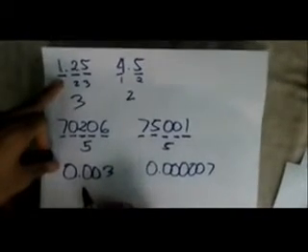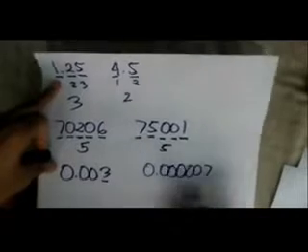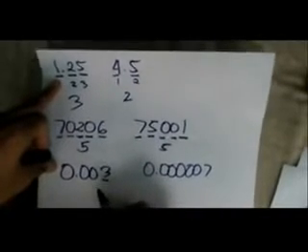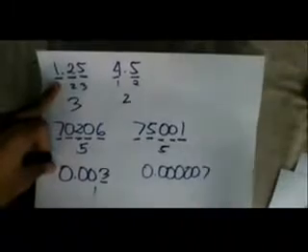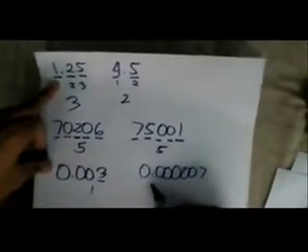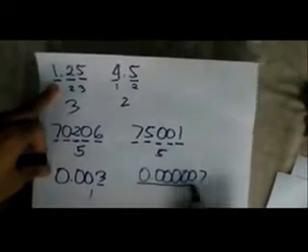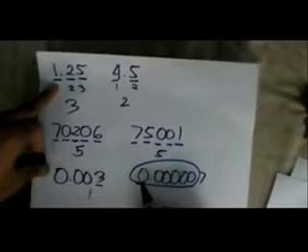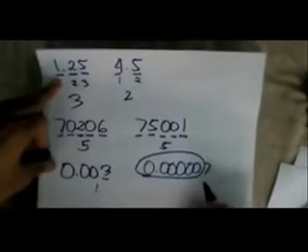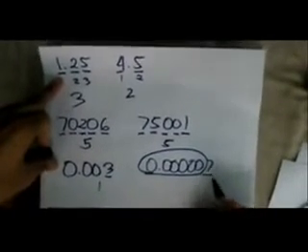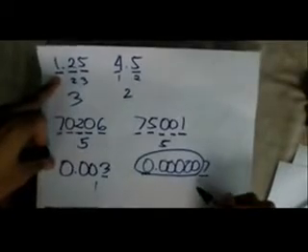So let's count all the significant figures. For the first example, there is only 1 significant figure, which is 3. And for the second example, these zeros are not significant because they are leading zeros. So the only significant figure in this example is 7. So there is only 1 significant figure.